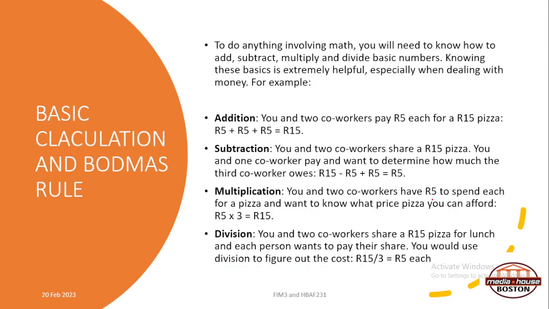So, basic calculation in the BODMAS. Here it says that to do anything involving maths, you will need to know how to add, subtract, multiply and divide the basic numbers, and knowing this basic is extremely helpful, especially when dealing with money.